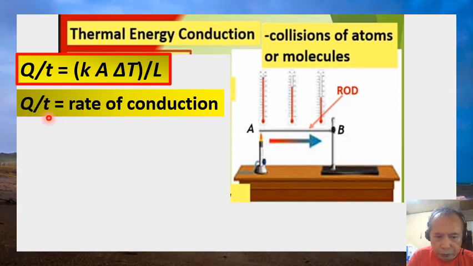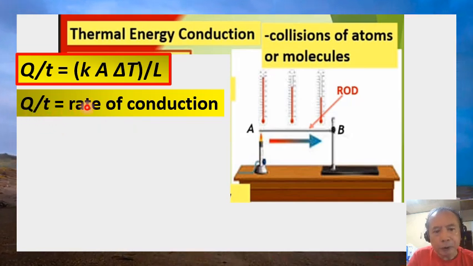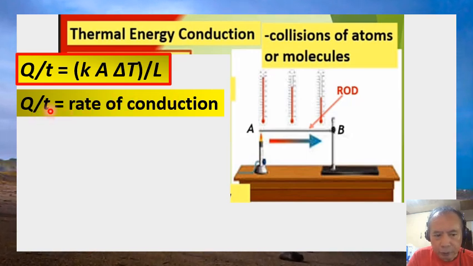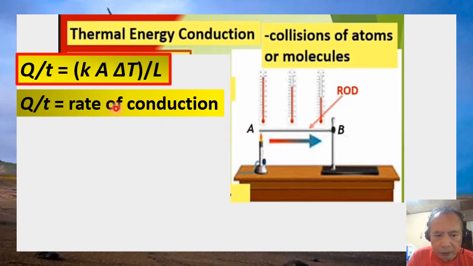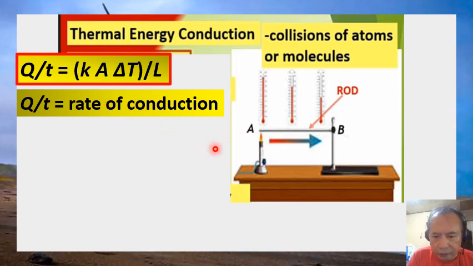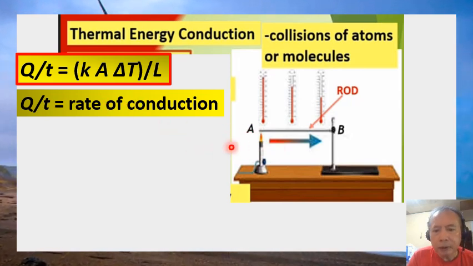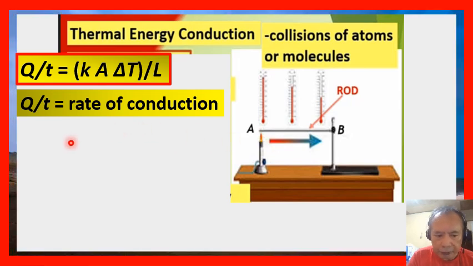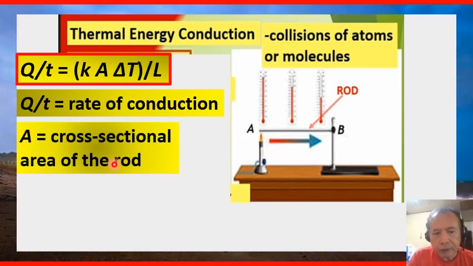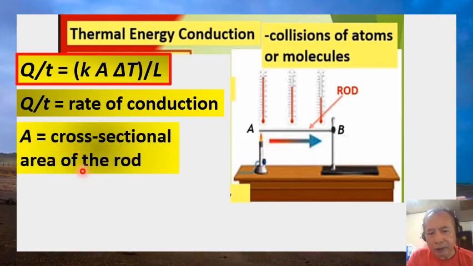Of course, Q refers to the amount of heat that is being transferred, and small t is the time during which the thermal conduction is happening. Capital A is the cross-sectional area of the rod.